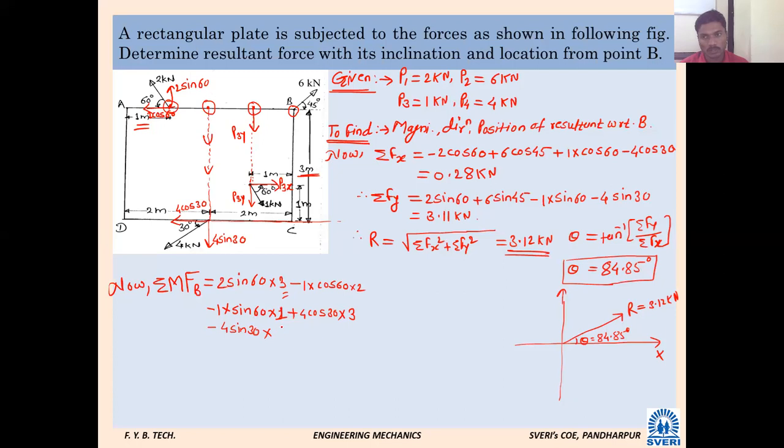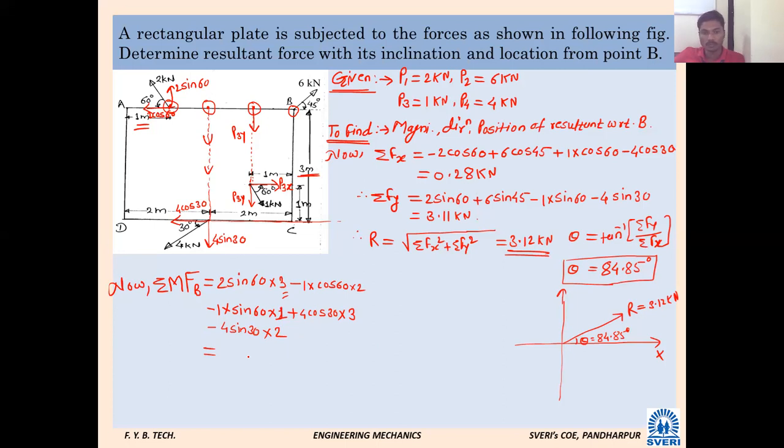What will be that perpendicular distance? 2 meter. Any forces remained? No, sir.